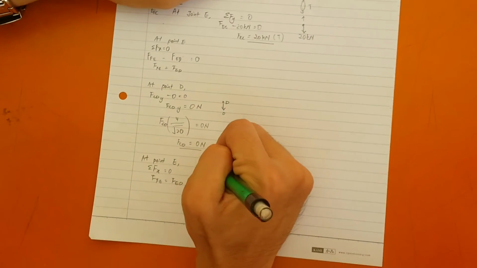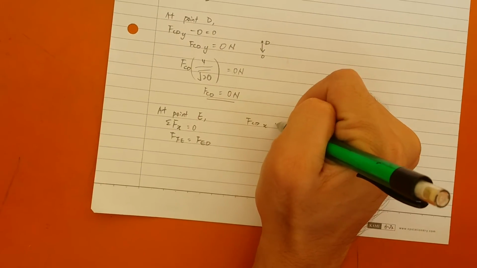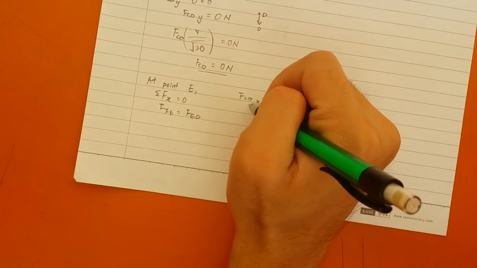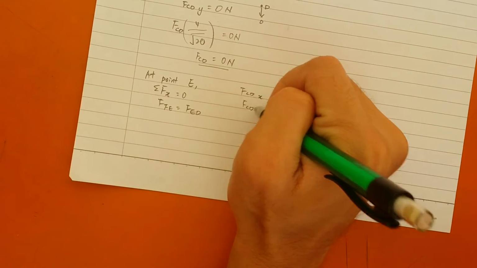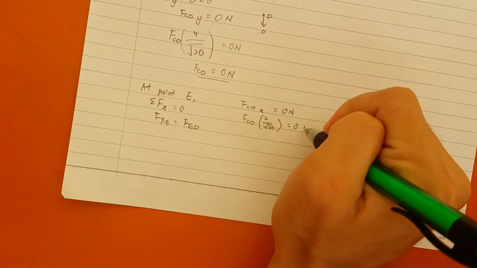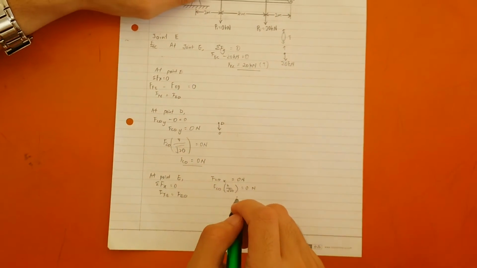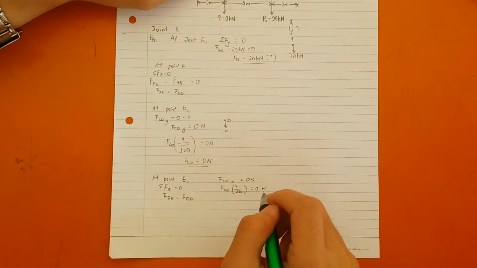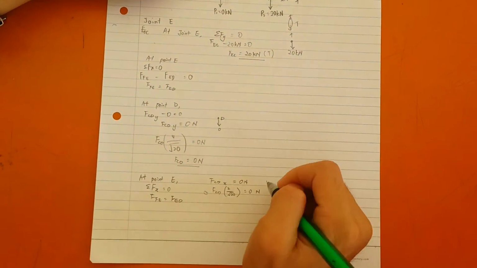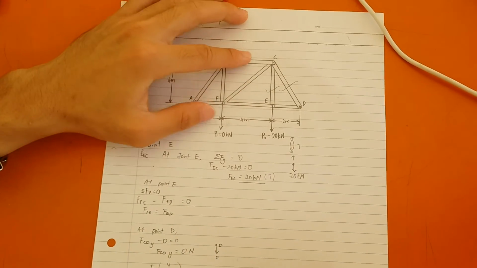So FCDx is equal to 0 kilonewton. FCD times 2 over square root 20 is equal to 0 also. Since FCD is 0, automatically FED will be 0 too, because FCDx is equal to FED.